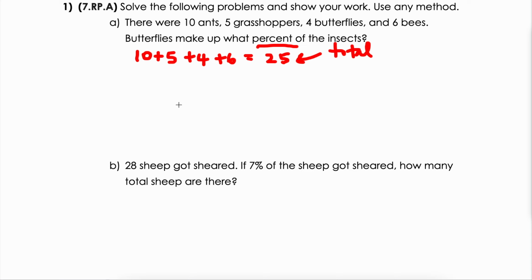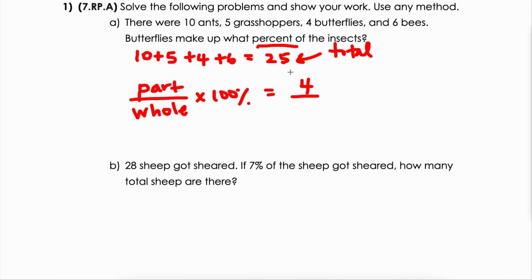If I need to figure out what percent the butterflies are out of the total, I can remember that the percent can be found by taking the part divided by the whole and then multiplying by 100%. So the butterflies make up the part. That would be 4 butterflies out of the whole, the total, which is 25.